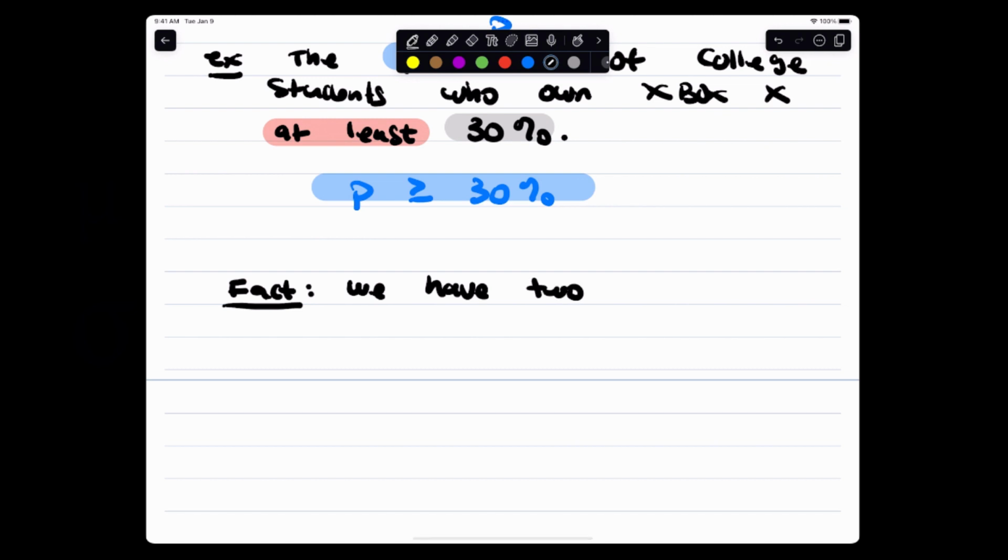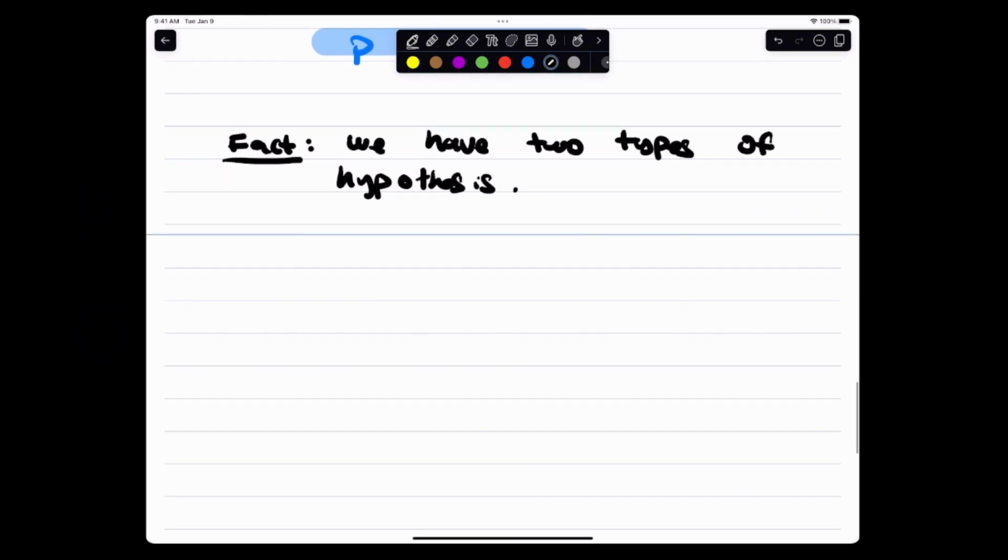We have two types of hypotheses. Okay, there's two types. So I'm going to give you two definitions here. It's a really simple thing, but it doesn't sound like it when you first read this. So we have a null hypothesis.